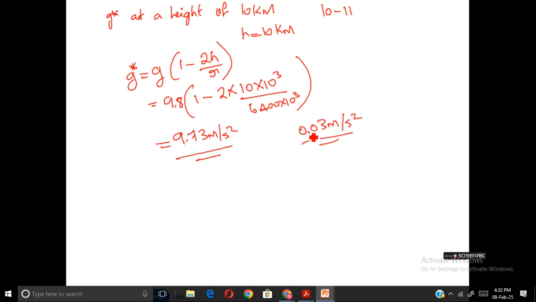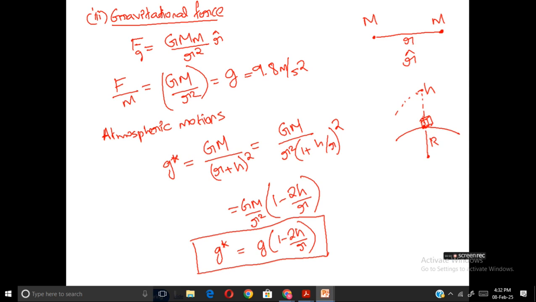Since the variation in g is negligible within that height, we generally consider g to be 9.8 meter per second square. We use this assumption for calculations, and it is negligible even if we consider the difference. So that is the gravitational force.